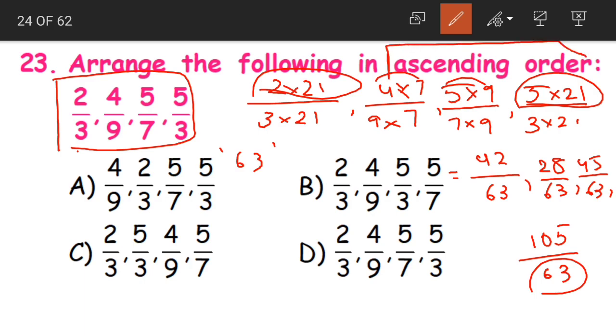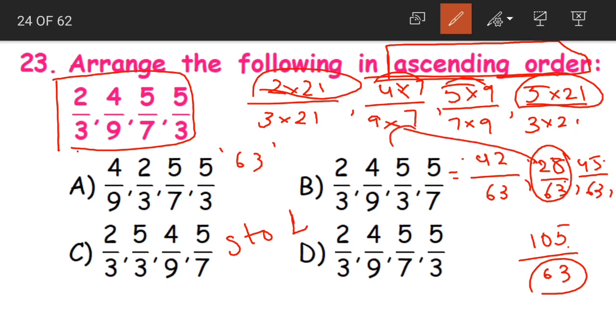Here in the question they have asked us to write the fractions in ascending order. Ascending means from the smallest to the largest. So from these numerators, which is the smallest one? 28. What is 28? 28 is our second fraction, that is 4 by 9. So 4 by 9 comes first. Then we have 42.